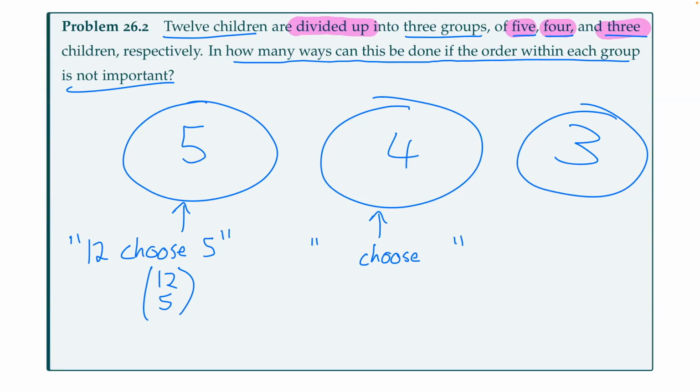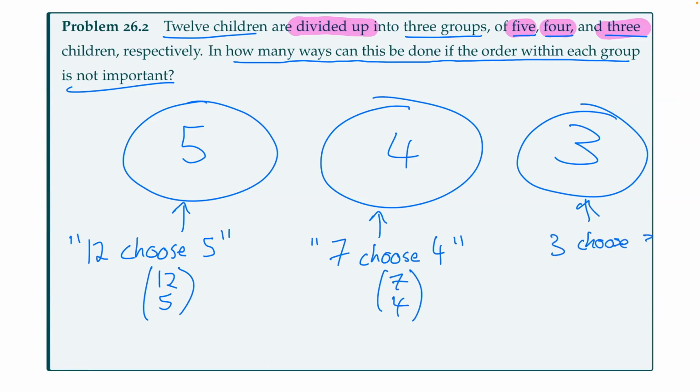In that case, what are we doing here for the second group? I'm going to pick on you because you're on the right track. 7 choose 4. Perfect. And then the final one is just going to be 3 choose 3.